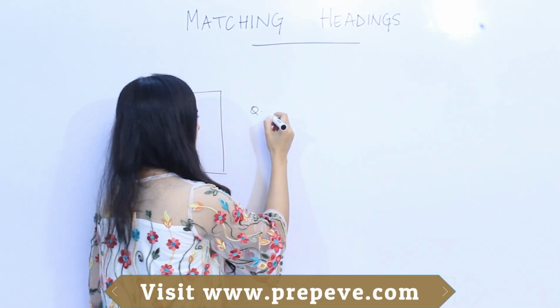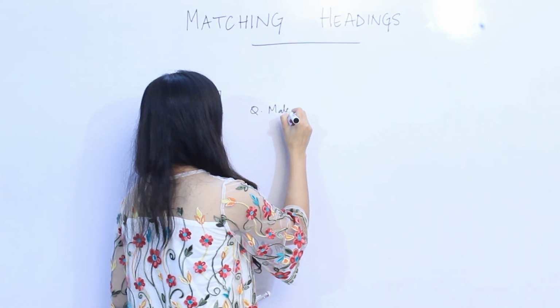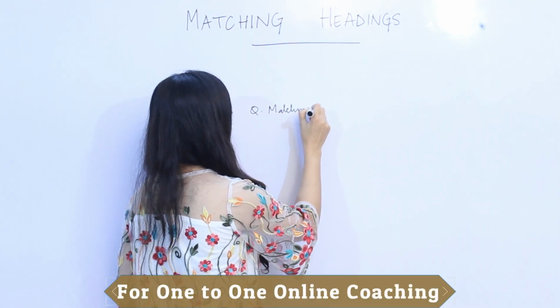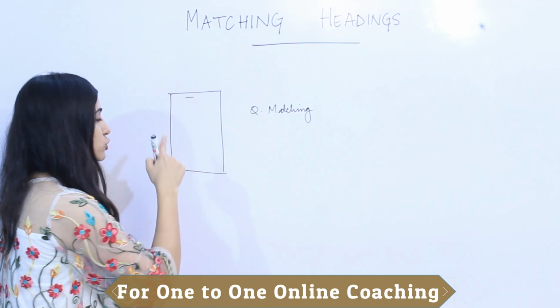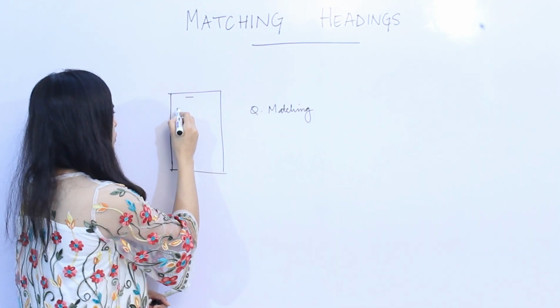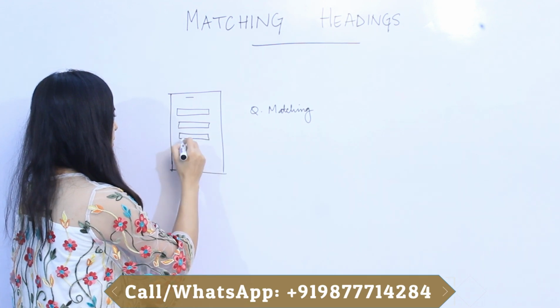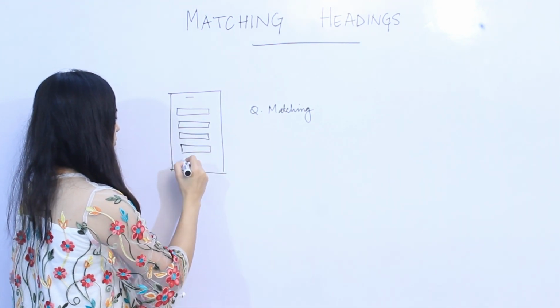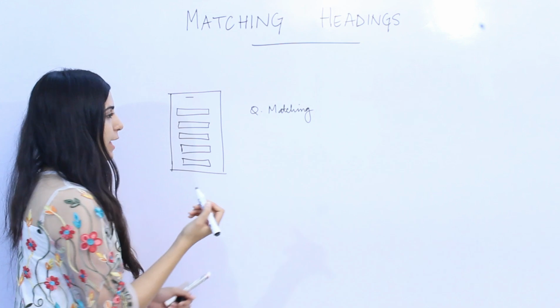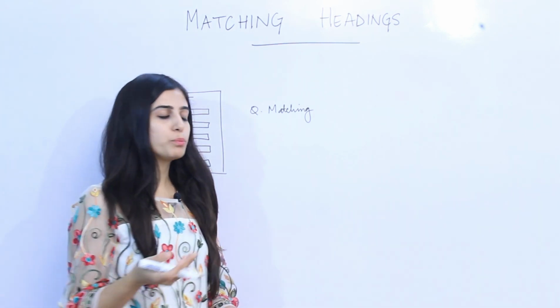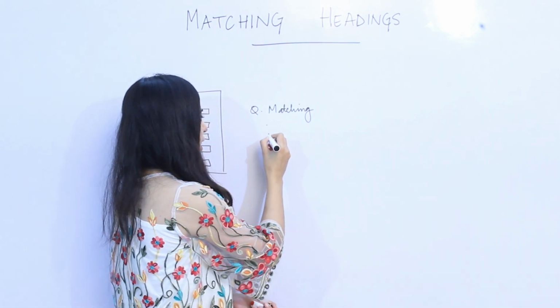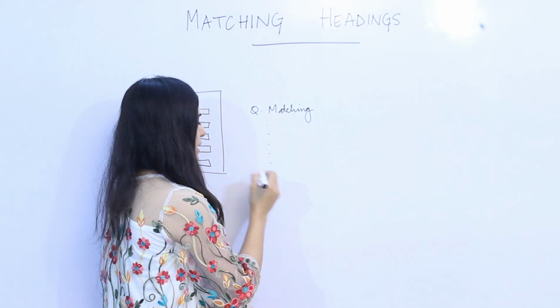So for example, this is your matching question, and here you have to match the headings of each of the paragraphs. So let's assume there are, say, 5 paragraphs in your passage. And then in the question, they've given you approximately, say, 8 headings.